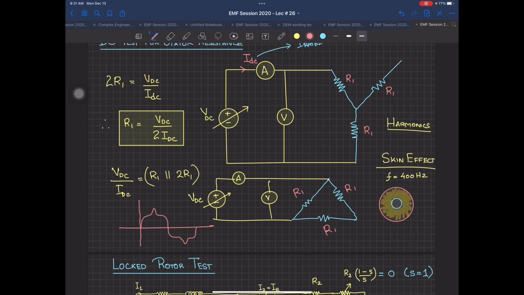The first one is always going to be the fundamental, then there will be the third harmonic, then the fifth harmonic, then the seventh, then the ninth, and 11, and so on. Now if the working frequency in your system is 50 hertz, you multiply 5 by 50, that comes out to be 250 hertz. If you multiply 7 by 50, 350 hertz.